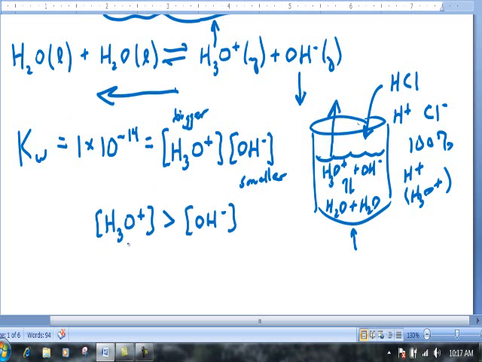In this circumstance, where the hydronium is now greater than the hydroxide, this would be a solution we would characterize as being acidic, and the pH of this solution is going to end up being something less than 7.